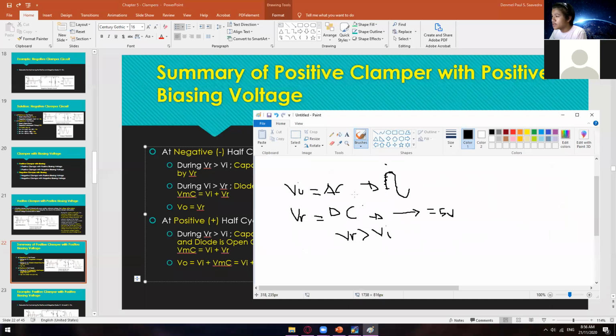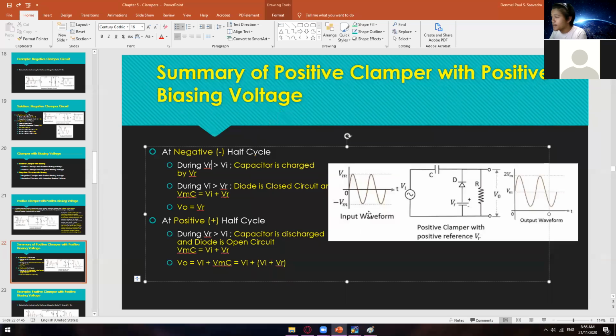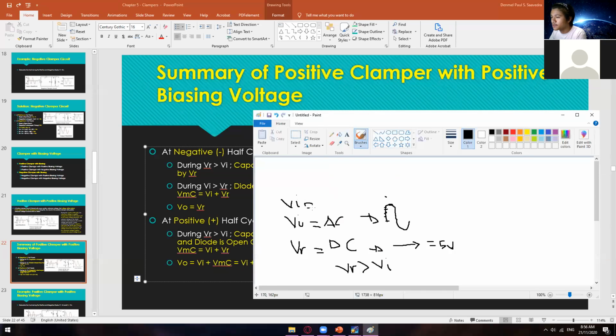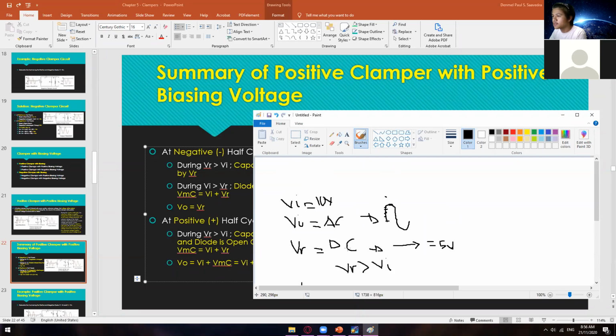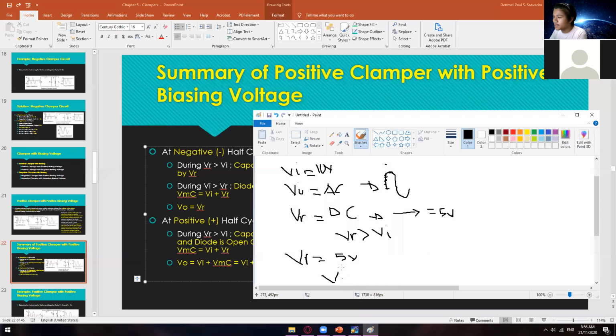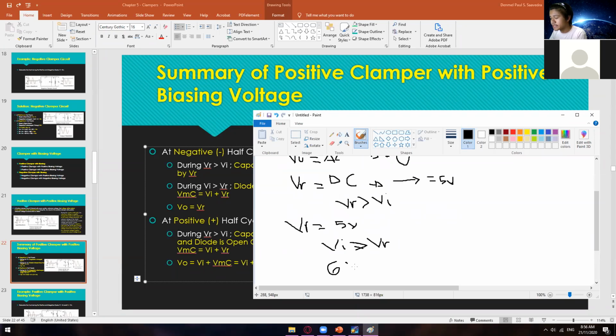Once it reaches this point, just as an example, we have a V sub I value of 10 volts, and V sub R is still 5 volts. At the point wherein V sub I is greater than V sub R, what is that exact moment? That is when 6 volts is now greater than 5 volts, going up: 6, 7, 8, 9, 10.